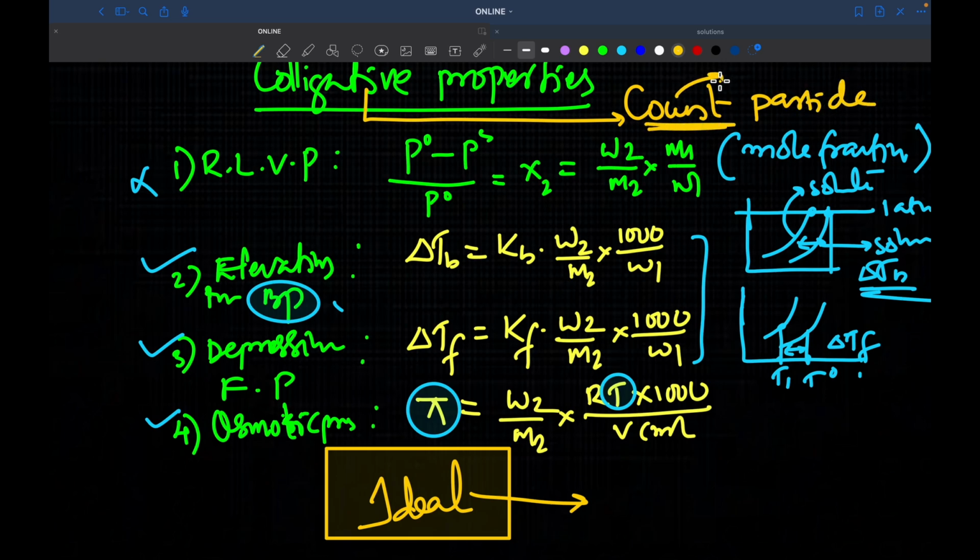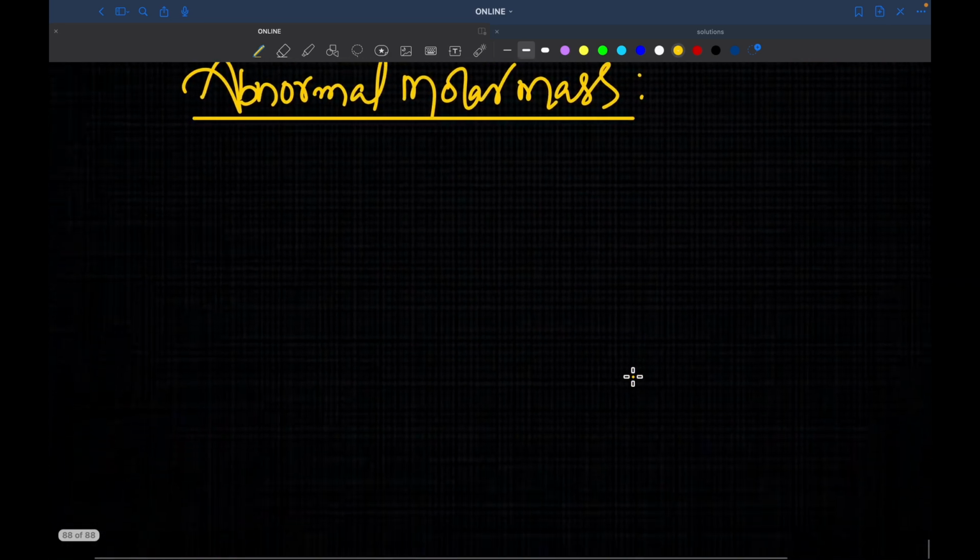If your count increases, your colligative property increases. If your count decreases, the colligative property decreases. That's why the properties which depend only on the number or count of particles are colligative properties. This is very true in case of an ideal solution.